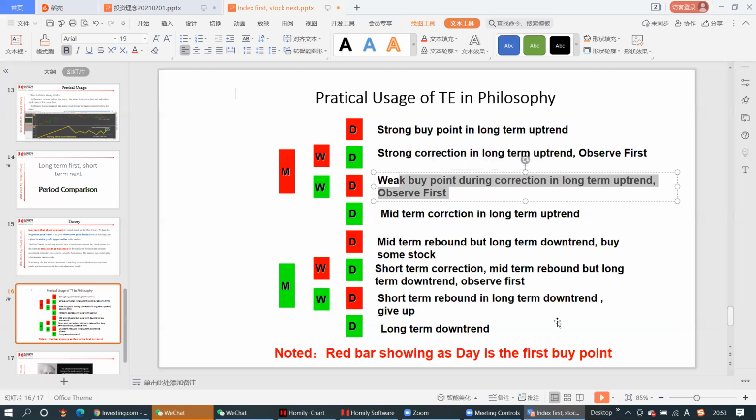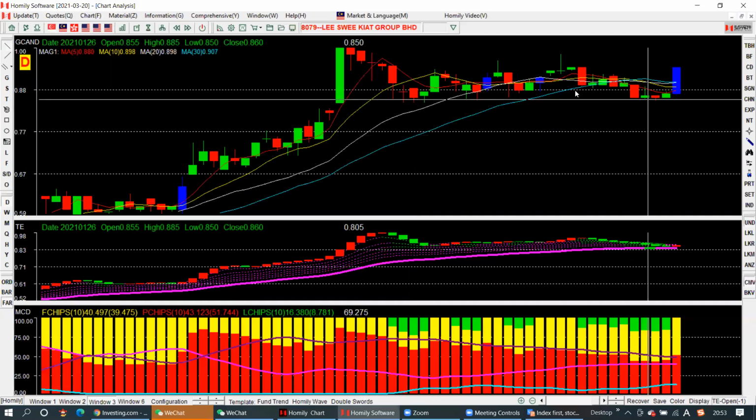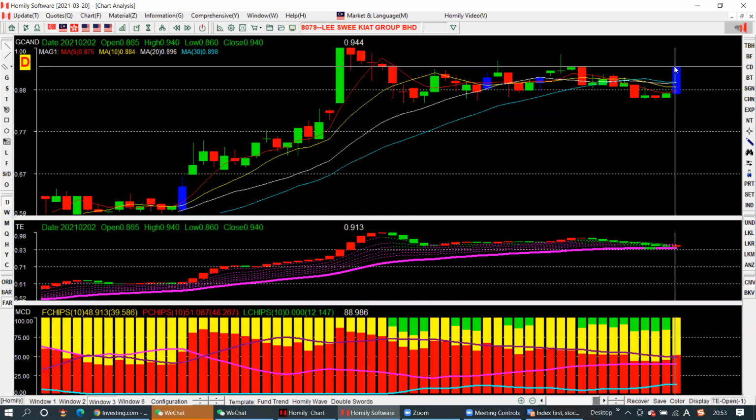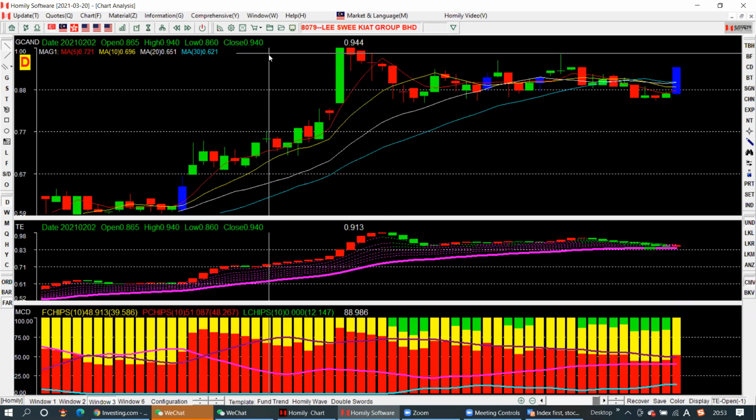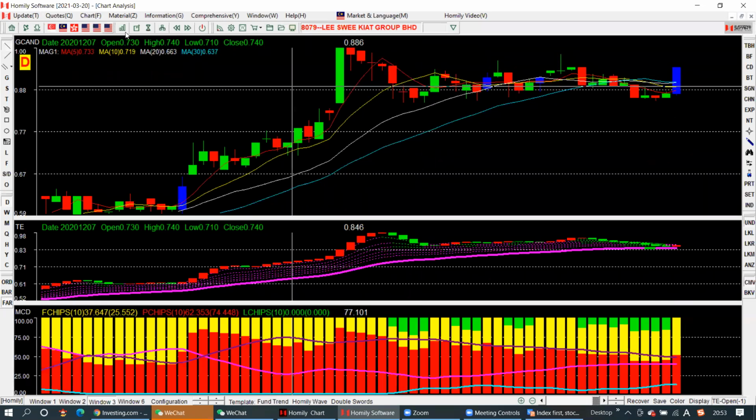So you need to place an order first. As I said just now, need to see whether it can break through the platform, this resistance, or not. No problem, you can buy it if it really breaks that. So this is one type of filter that you can use during the week trend market.